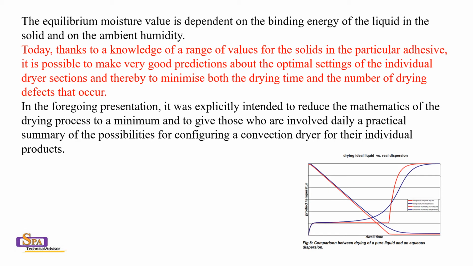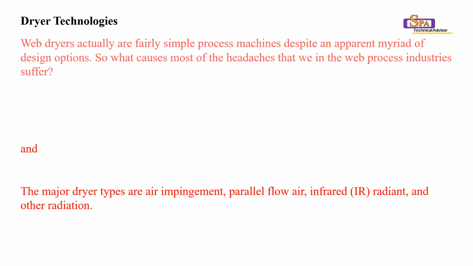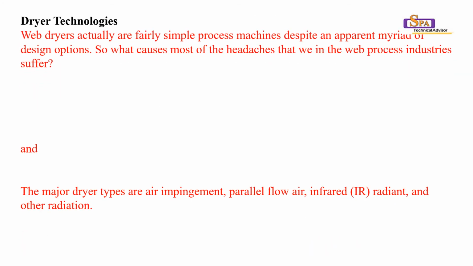Here is another graph showing you the comparison between drying of a pure liquid and an aqueous dispersion. Dryer technologies. Web dryers usually are fairly simple process machines despite an apparent merit of design options.